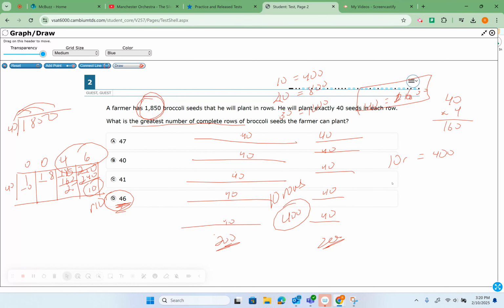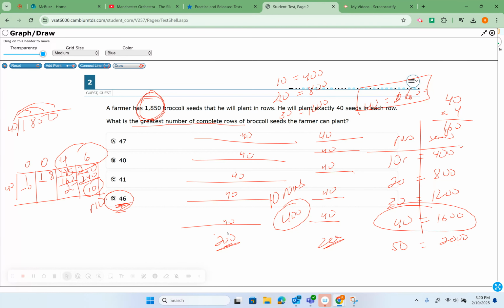Yeah. So 20 rows would be 800. 30 rows, this is my rows, this is my seeds. So I'm really just kind of working on a table. 30 rows will give me 1,200. 40 rows will give me 1,600. 50 rows will give me 2,000 seeds, which is too many. So I know it's 40 something.